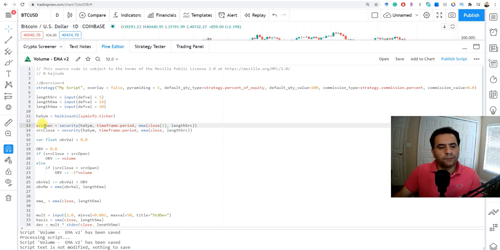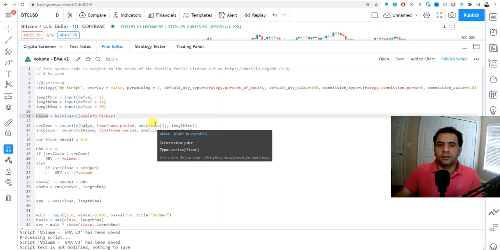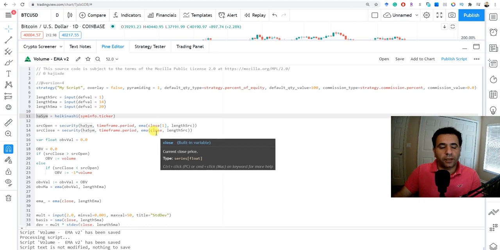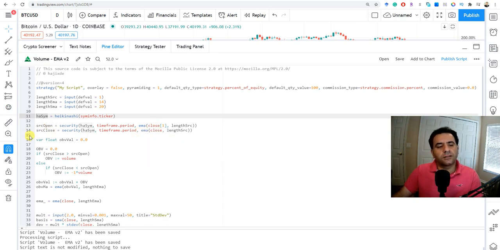Then I find the open and close parameters or sources based on the symbol that we have here, and the previous close is considered as the open, and this close, the current close, of course we are applying an exponential moving average, and the current close is considered as our close parameter, and I call these source open and source close, these two.